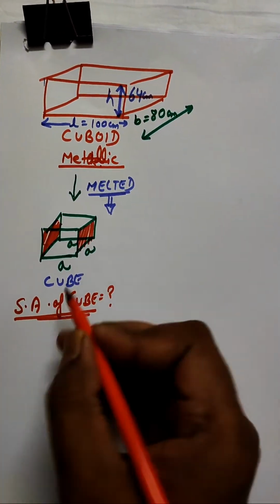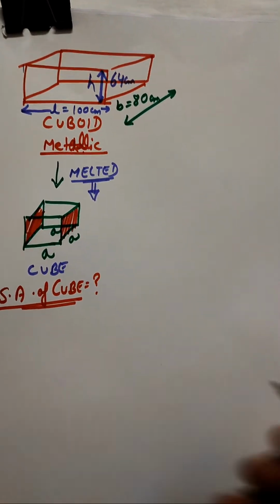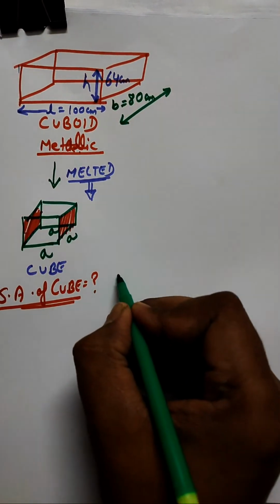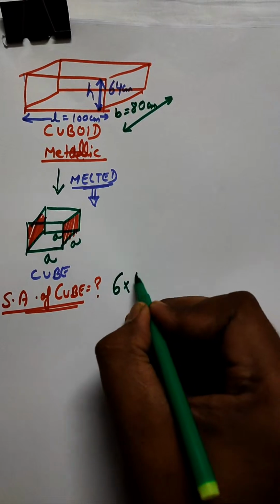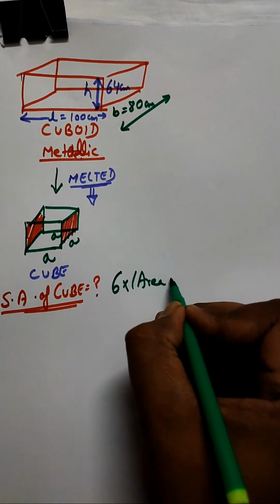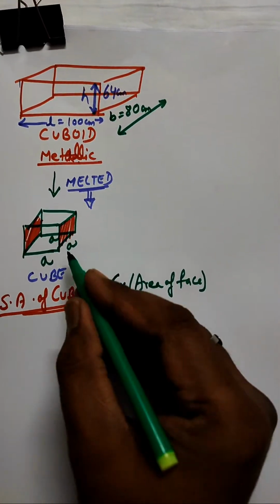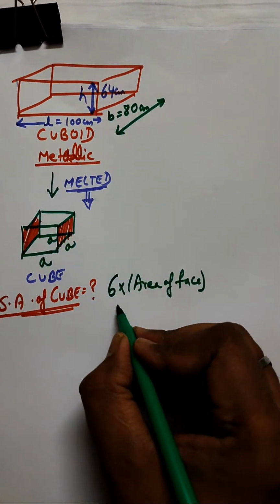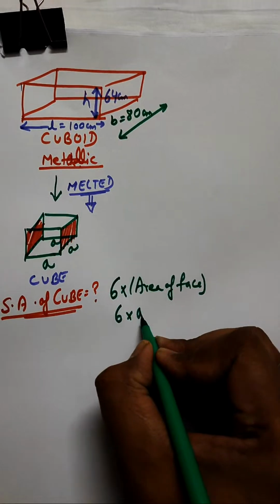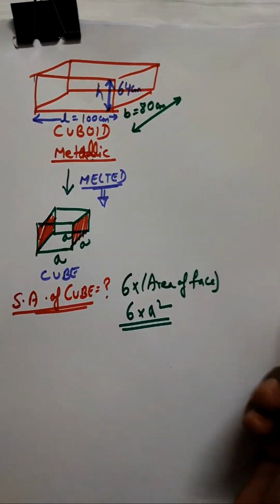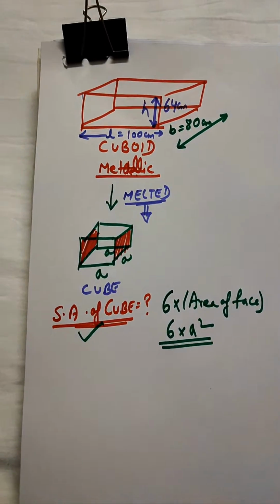So the surface area of the cube is 6 times the area of a face, that is a square. So this will be equal to 6 into a square. 6 a square is the surface area of the cube.